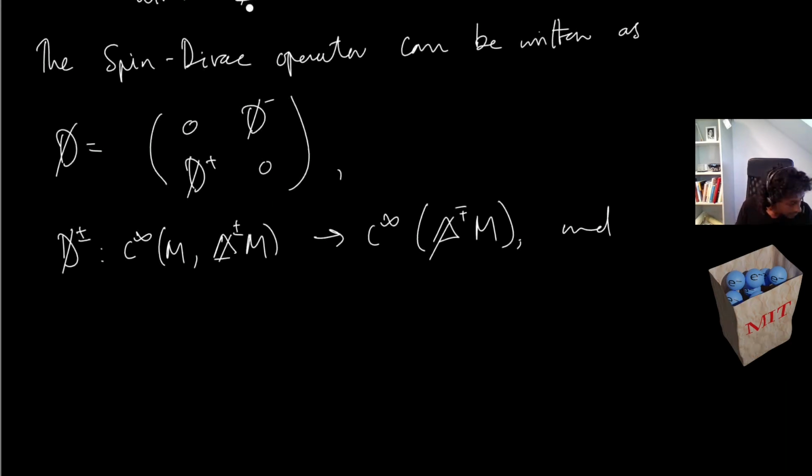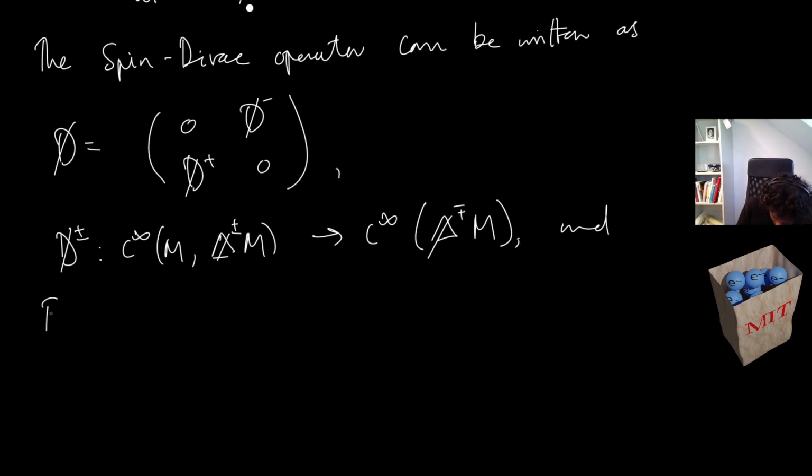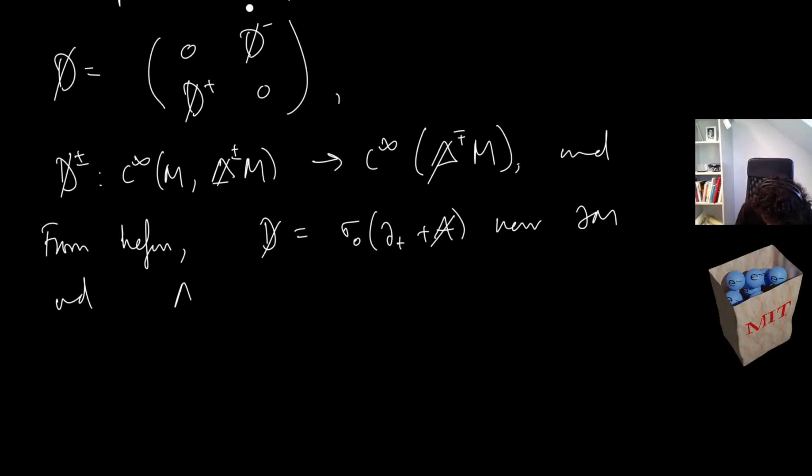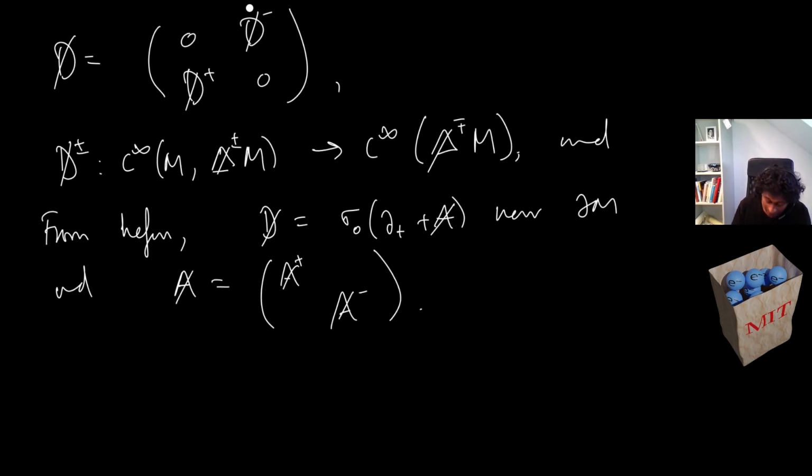From our considerations before, we have that D is equal to some sigma naught d/dt plus A near the boundary, and A actually is a matrix of this form, A plus, A minus, so it's actually a diagonal matrix.